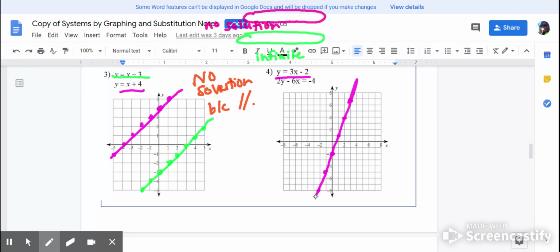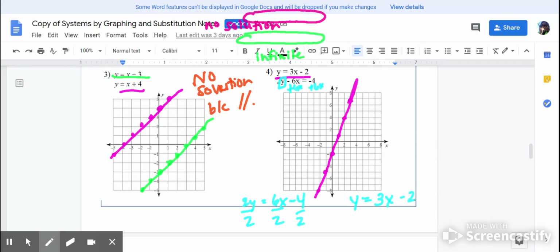As I get ready to graph the second line, though, I notice that it's not in y equals mx plus b form, so I must get it that way. I'm trying to solve for y. So I'm going to start by adding 6x to each side. When I do that, I get 2y equals 6x minus 4. And I choose to put the 6x first just because I want it in slope-intercept form. Then I'm going to divide everything by 2, and I'm left with y equals 3x minus 2.